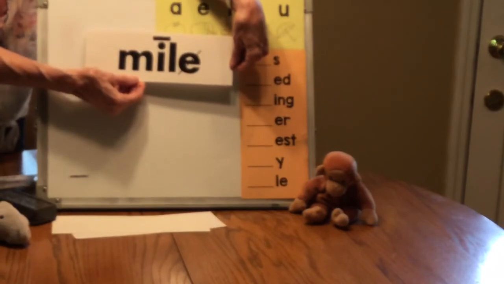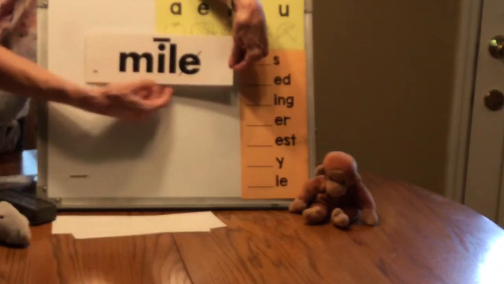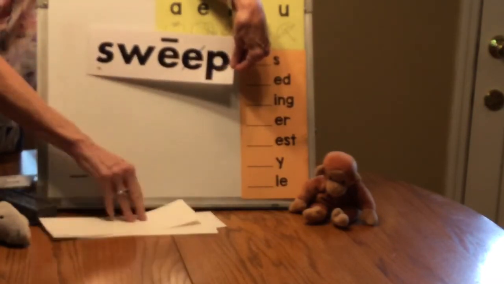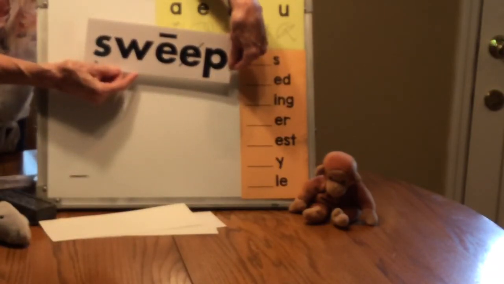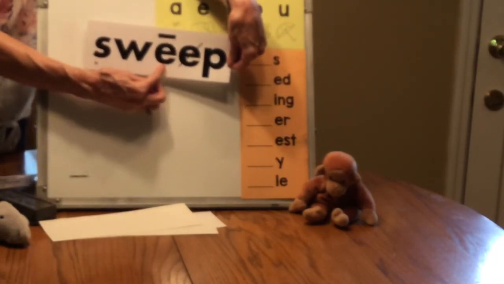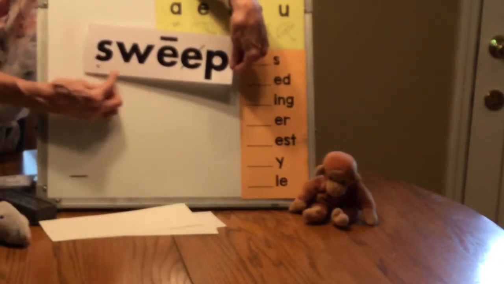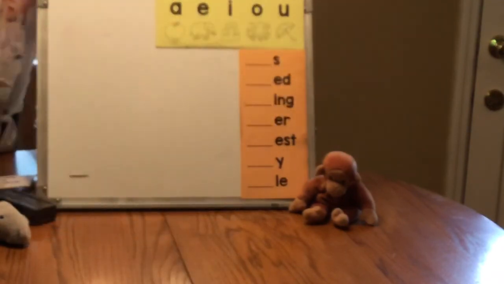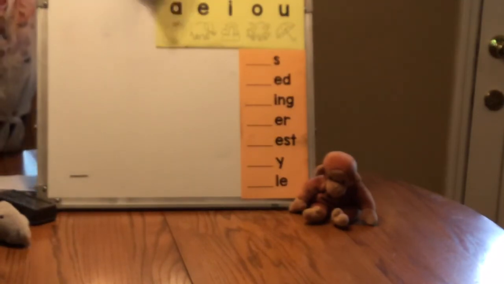The vowel says I and the word is mile. Two vowels walk together and they play a game. The vowel says E and the word is sweep. With the silent E it does the same. The first vowel speaks, he says his name.